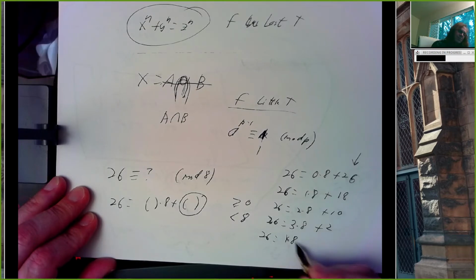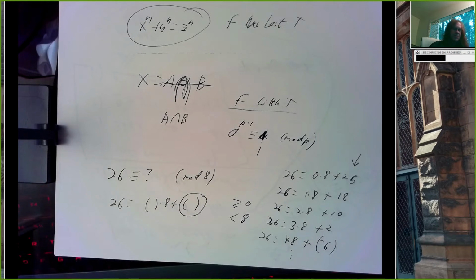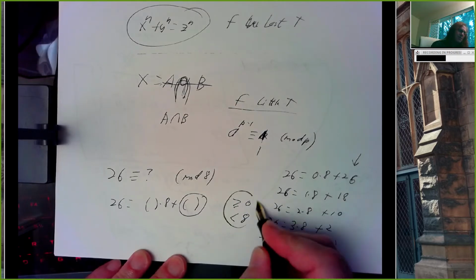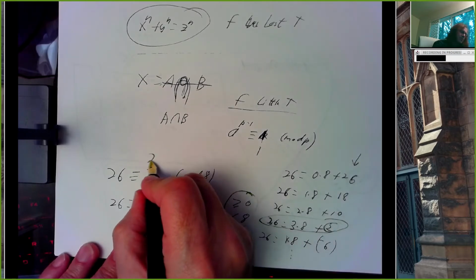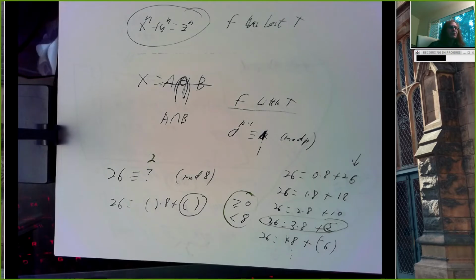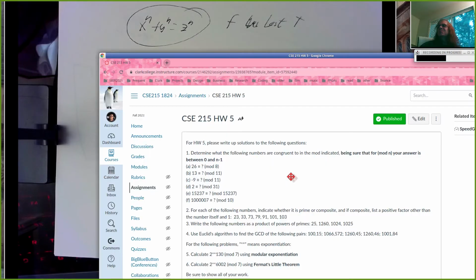It could be 4 times 8 plus negative 6, and so on. But among all of these, we want to pick the one where the remainder is not negative, but is also less than 8. And that's this one right here, and there's the remainder. So we would say 26 is congruent to 2 mod 8. That would be your answer for part A, and it's the same thing for the other parts.